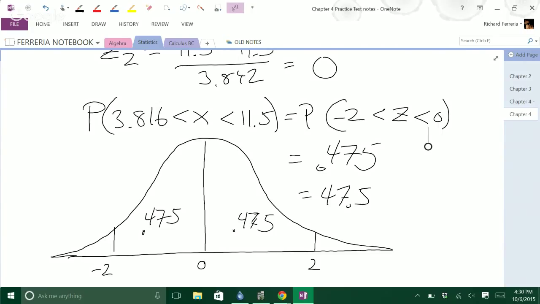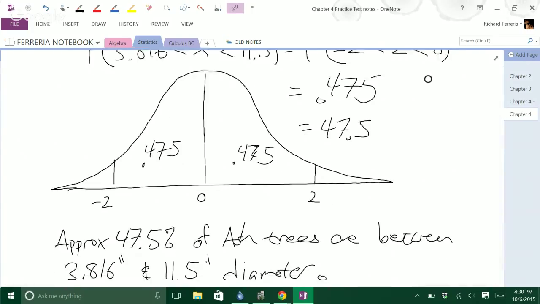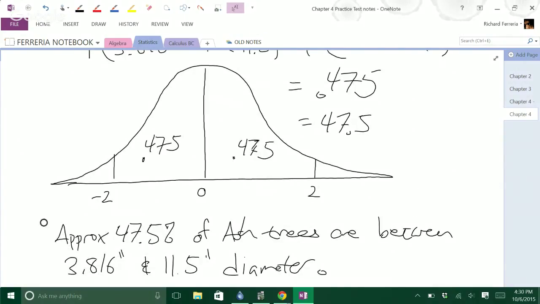Between -2 and 0. And then here's our curve. These two add up to 95. That makes this over here 2.5. Oh, but you're only including from -2 to 0. Yeah, from -2 to 0. That makes sense. Getting a really good grip on the way the empirical rule works is really handy.